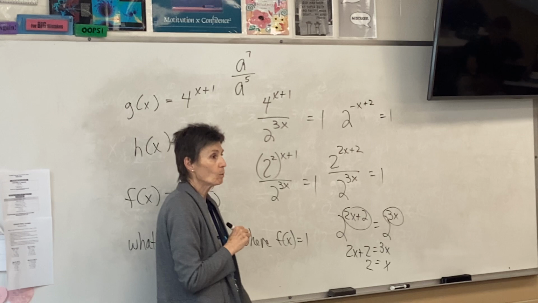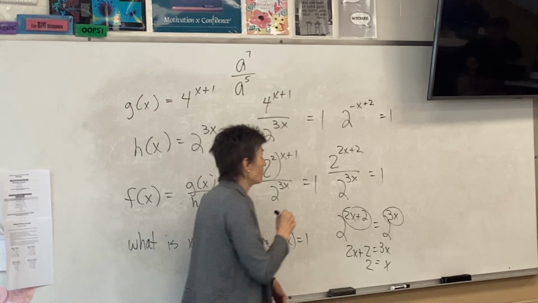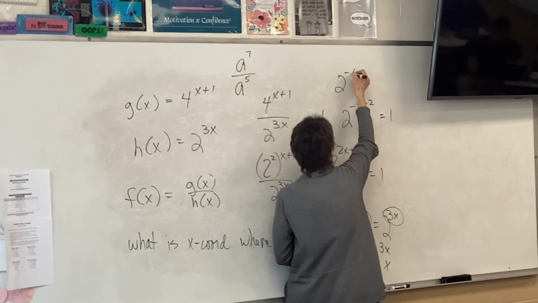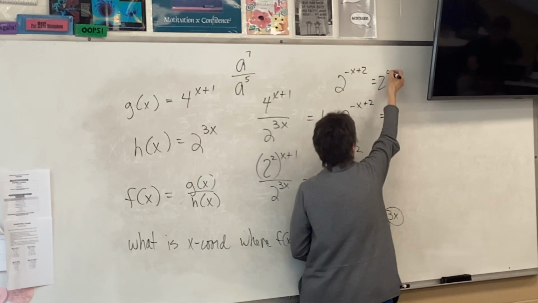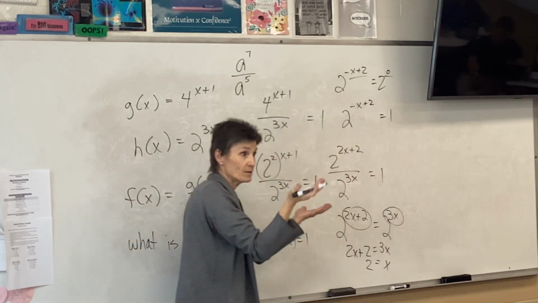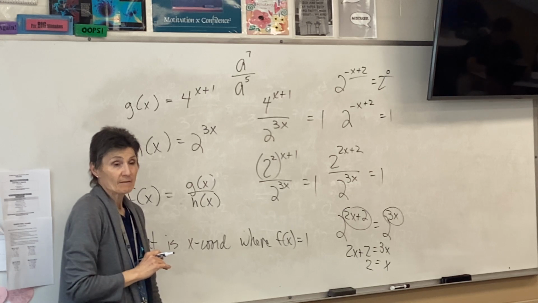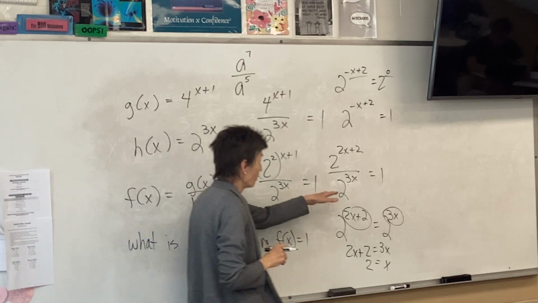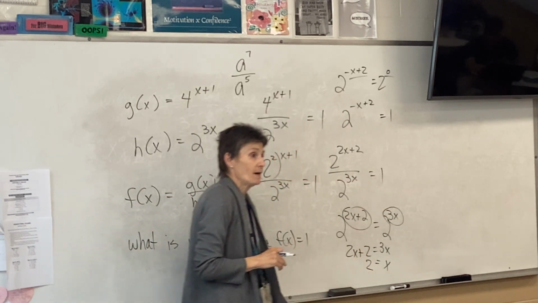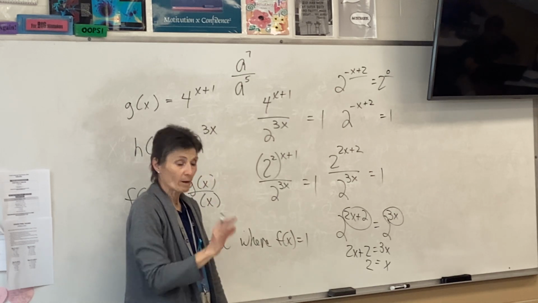What power of 2 is 1? 2 to the 0. So 2 to the negative x plus 2 equals 2 to the 0. Now I can set those equal to each other, and you see how I'll get the same answer? I think that way's a little trickier than just multiplying this over, but either way will work. Okay?